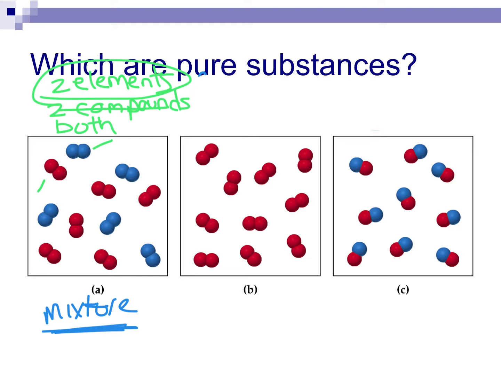In letter B, it's a pure substance. So if we look back at our original chart, we said that a pure substance can either be an element or a compound, and that's all. That's the options. So with letter B, is that an element or a compound?